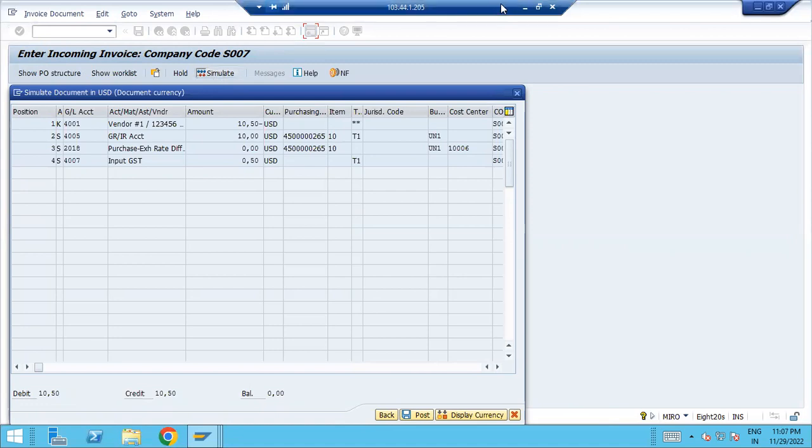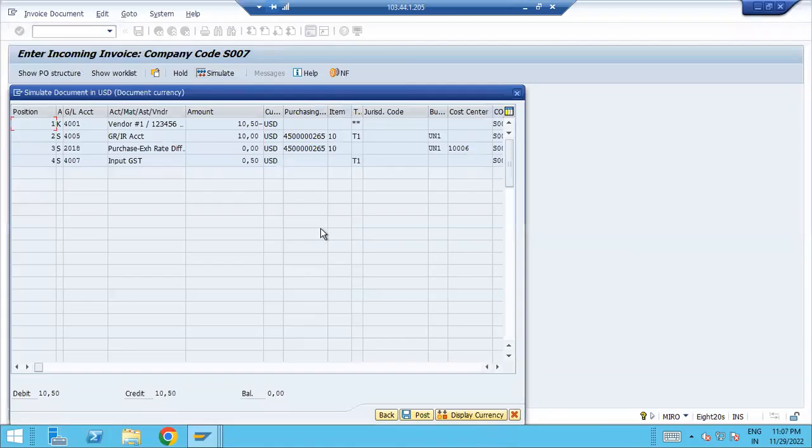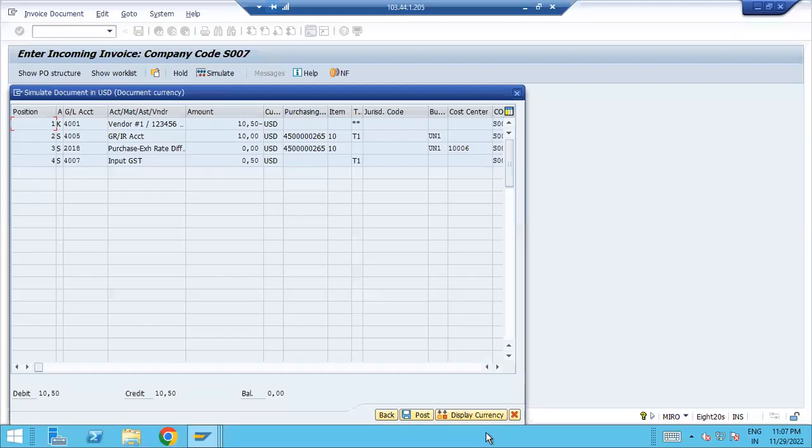Now it is going to be debited with 10 USD. Then the vendor is going to be credited here 10.50. And input GST is there, 0.50.